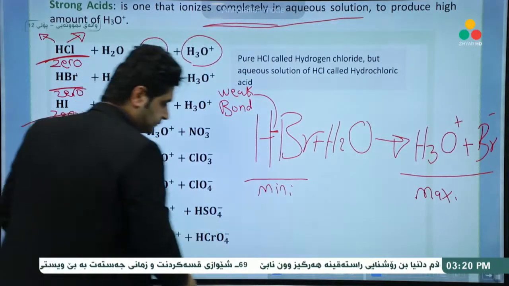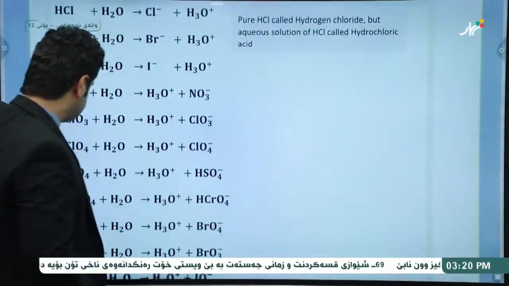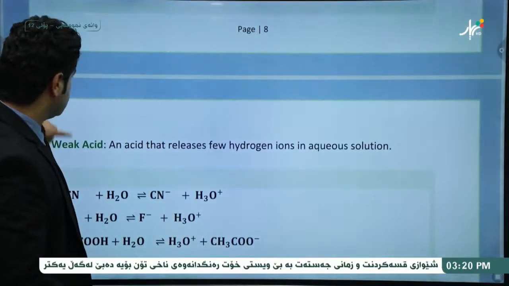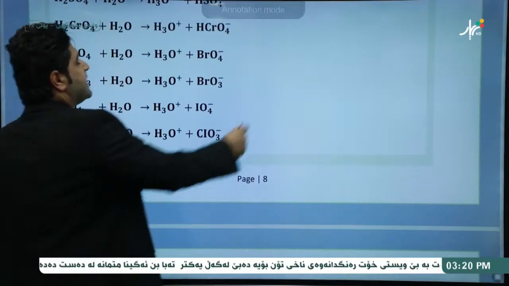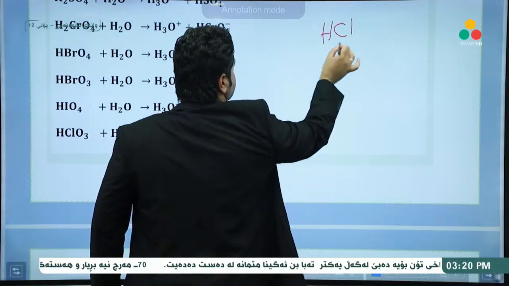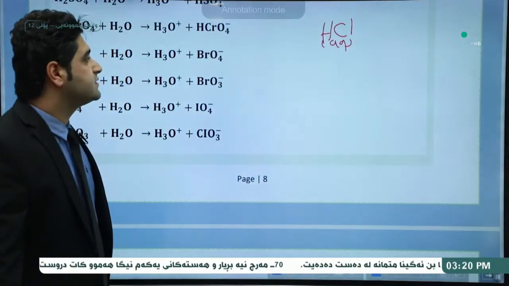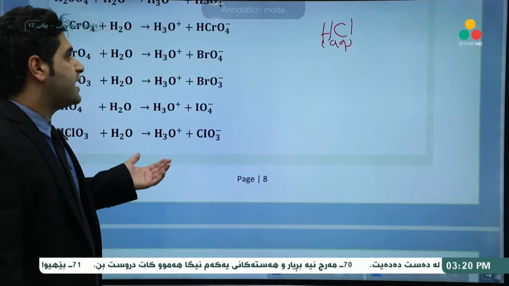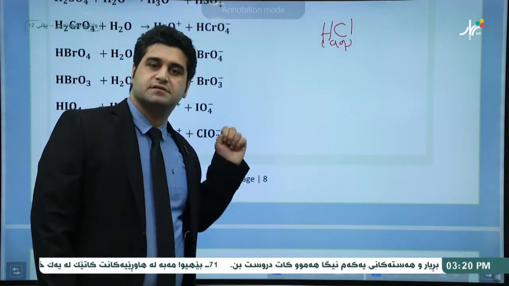For example, look, we have this question. In the aqueous solution of HCl, explain how many particles we have, which particles have the maximum concentration and which has the minimum concentration.